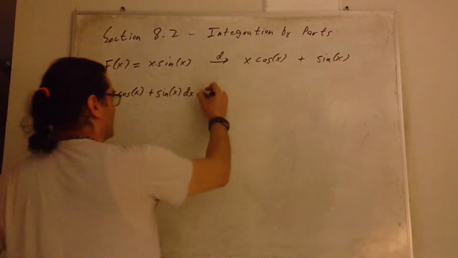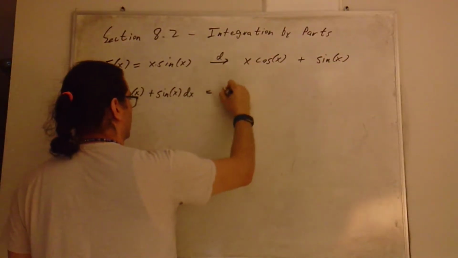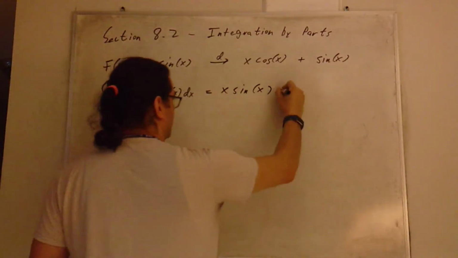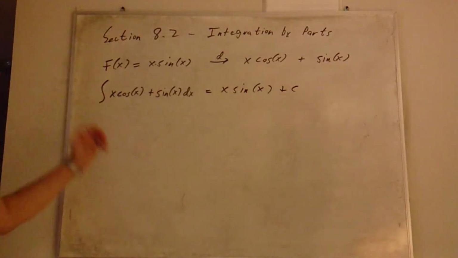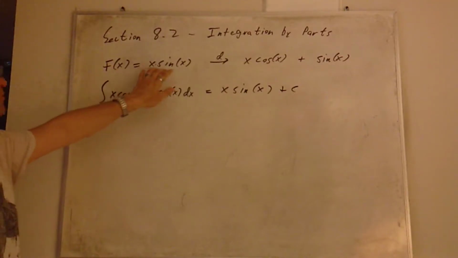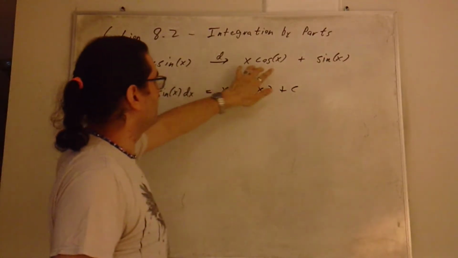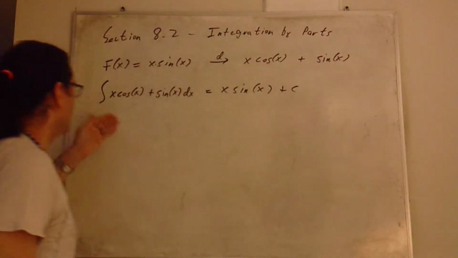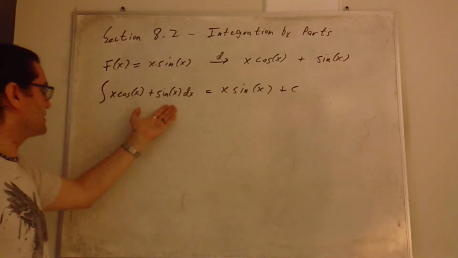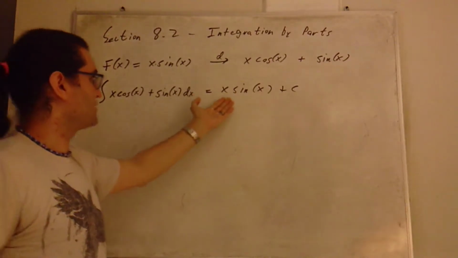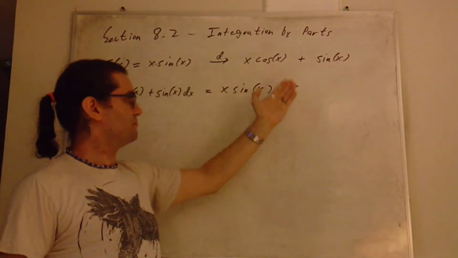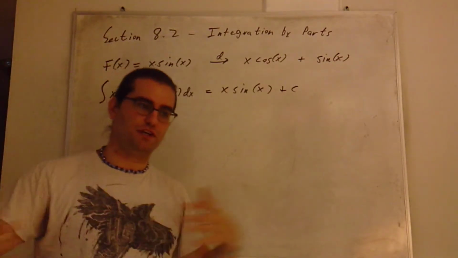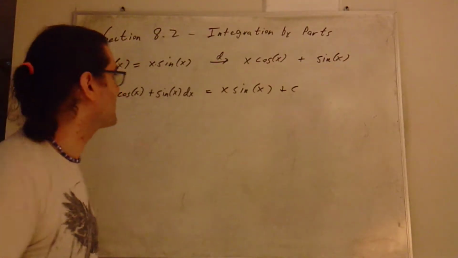So the integral of this thing is just the original function we started with, plus c, of course. So if we start with x sine x and take a derivative, we get x cosine x plus sine x. That's fine. If we start with x cosine x plus sine x and take an integral, we're back to the original function x sine x plus c. So we can go back and forth like that, that's fine.